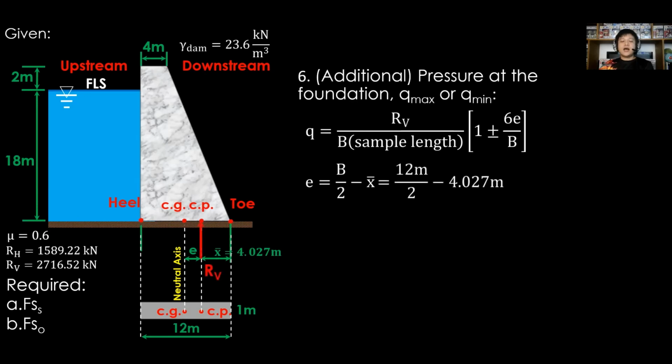Substitute B as 12 meters and X bar as 4.027 meters. Therefore, E is 1.973 meters.